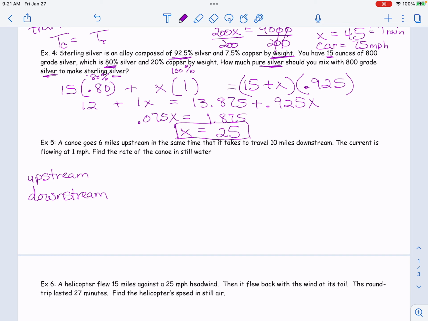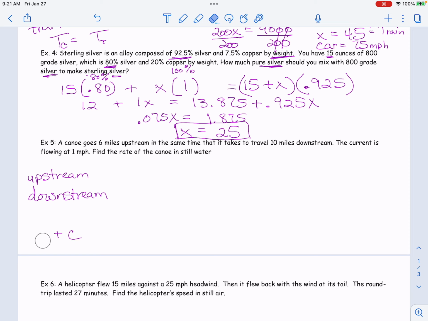When you get in a body of water and you don't move, that means the water is still. If there's a current, you are going to move with that current, either it's going to slow you down or it's going to speed you up. If you're going downstream and you're moving with the current, you're going to go faster.